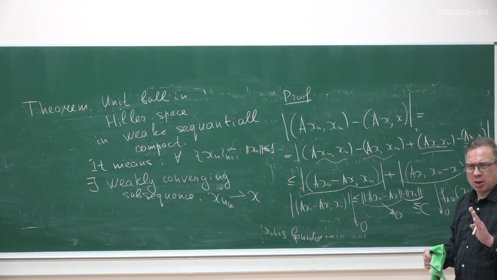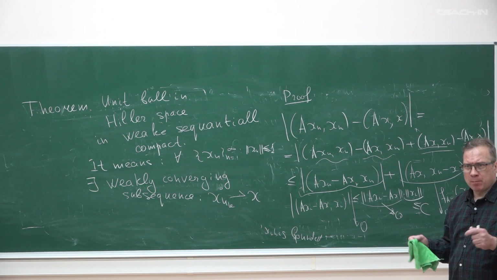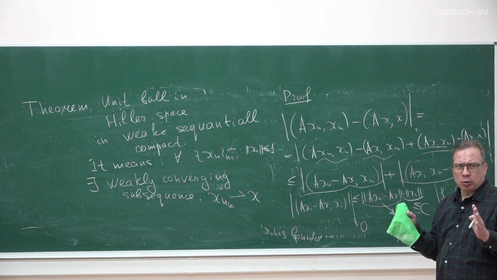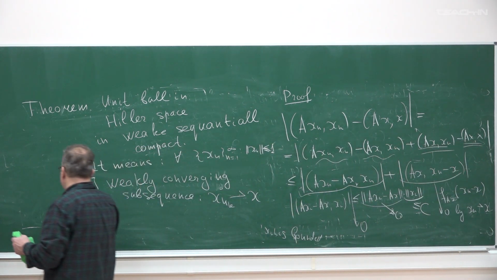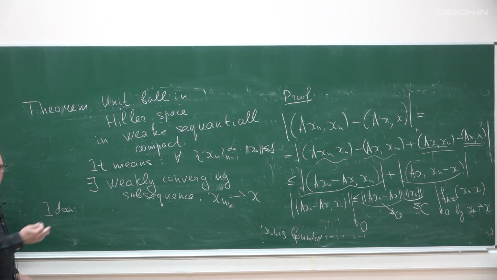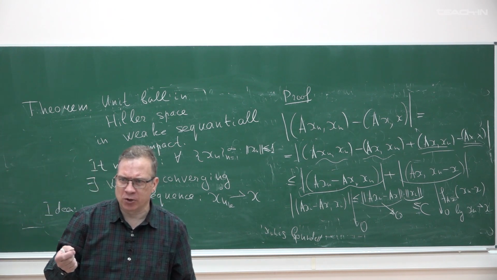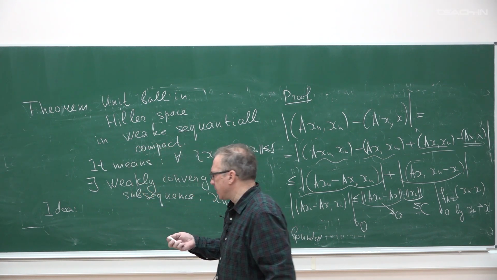Let's go without proof. If we need to, I can prove it, because it's some geometrical fact. I can give only the idea of how you can prove it. On the unit ball, the weak convergence coincides with coordinate convergence. What does coordinate convergence mean? I just define it.